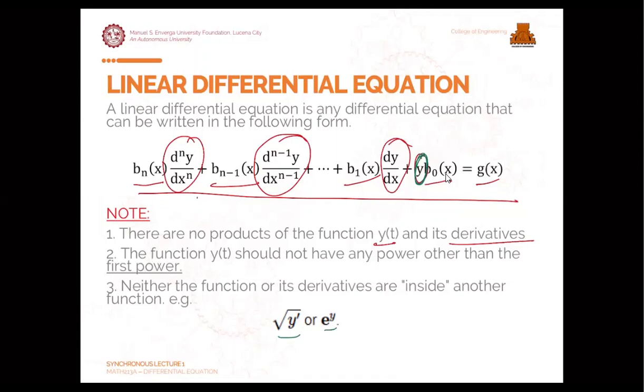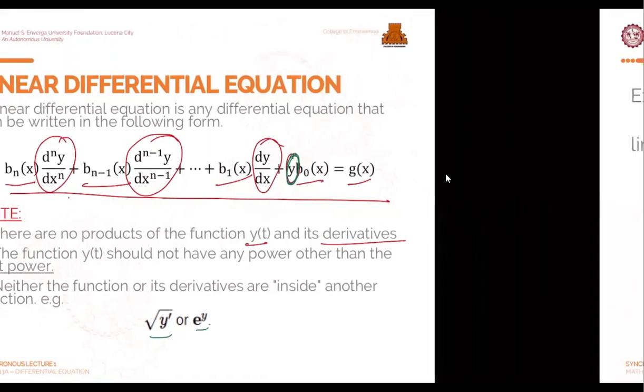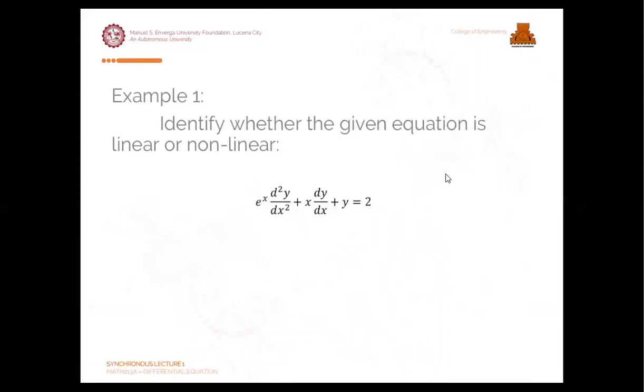So next, we try to identify whether the given equation is linear or non-linear. Okay? To practice order and degree, we will also include them. Here, our order is 2. Okay? Our degree is 1. Then, linear or non-linear? Check. Our independent variable is x, no?